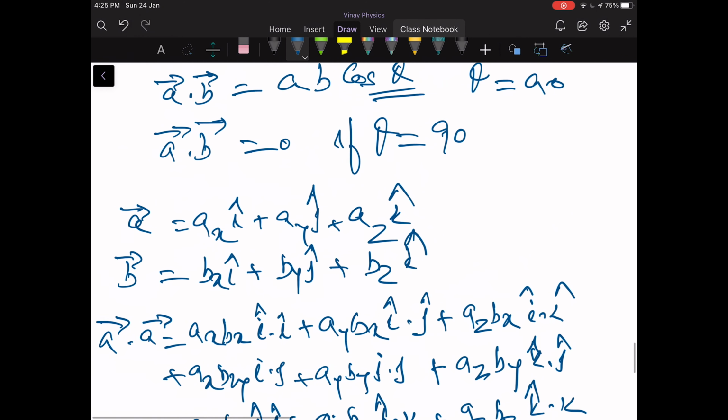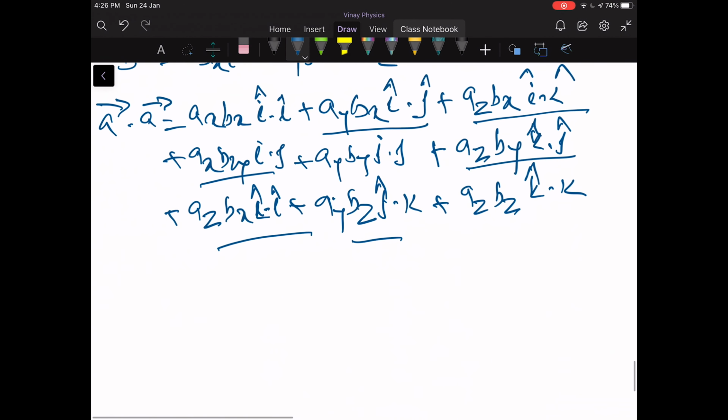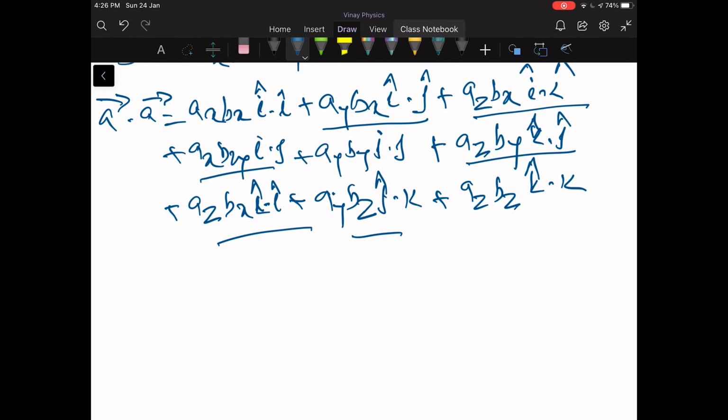Now, from the previous explanation, if the angle is 90 degrees, they will be 0. So all the i dot j, i dot k terms will become 0. We are only left with these three quantities, which are i dot i, j dot j and k dot k, and we also know it is AB cos theta, and because theta is 0, it is going to be 1.